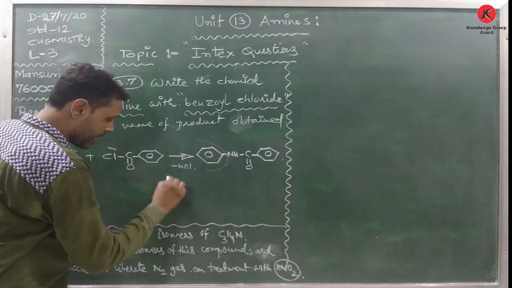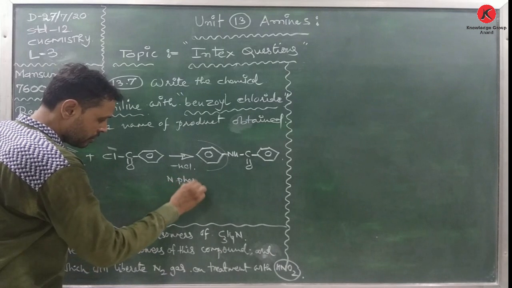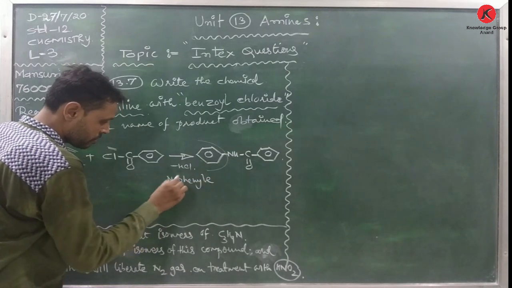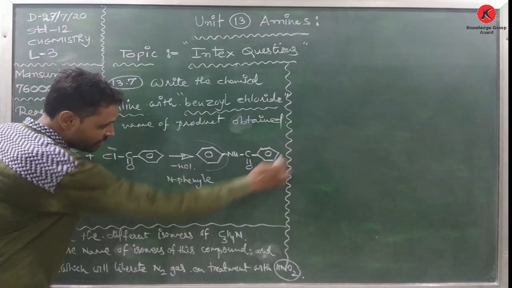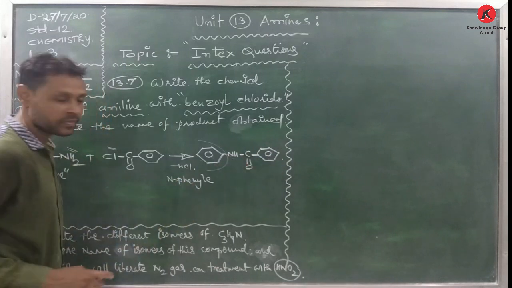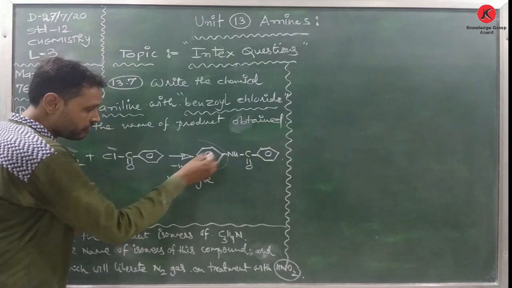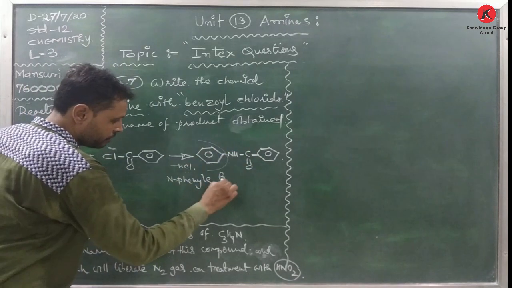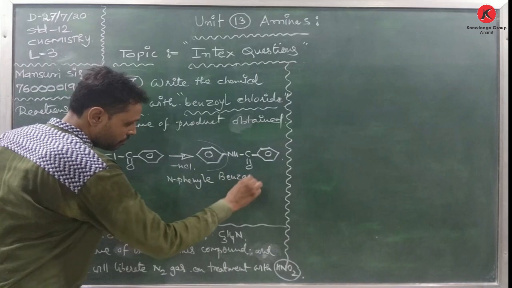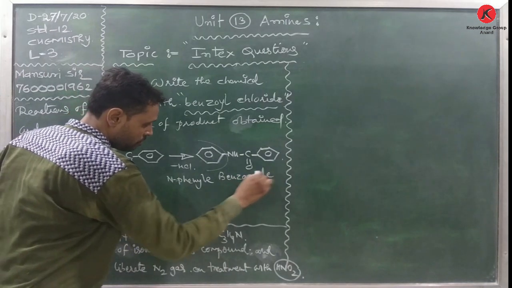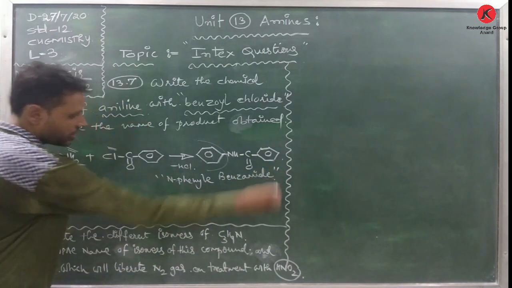Now N contains an aromatic ring. So N-phenyl, this is benzamide, benzene and amide. This is amide and benzene, benzamide, N-phenyl benzamide is obtained.